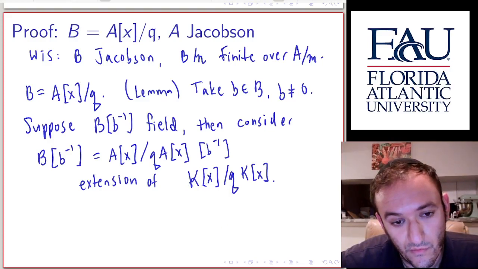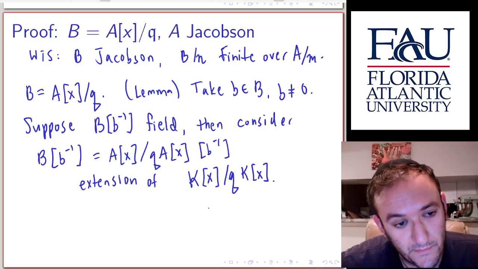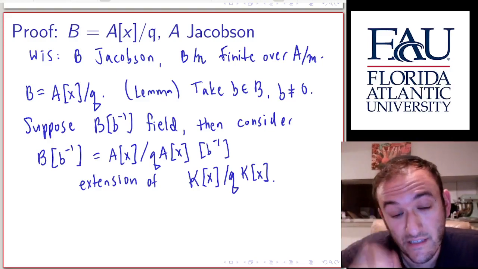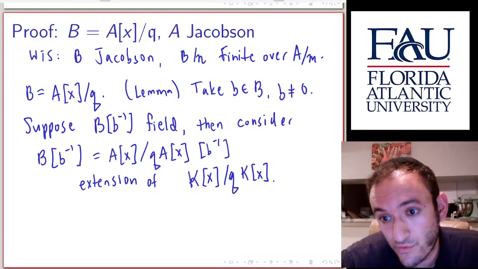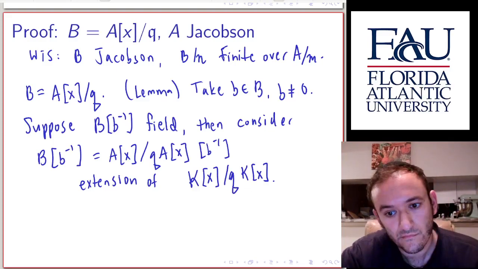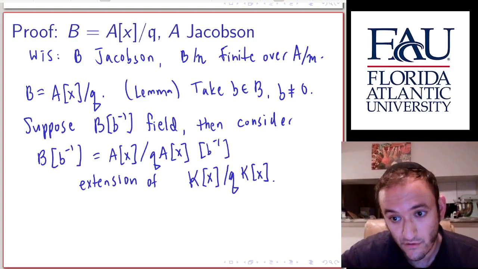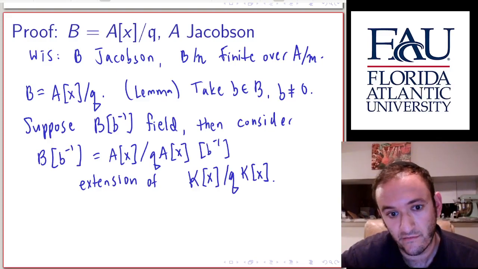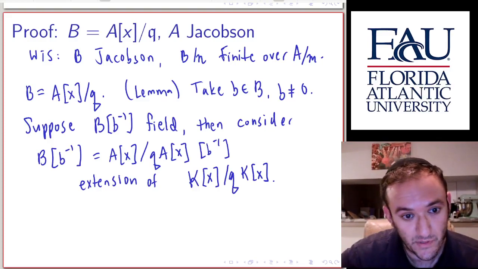So once you're looking at the fraction field, QK adjoin X is going to be a maximal ideal, which means that the quotient will be a field. Since we know Q is a non-zero prime ideal, when we multiply it by a polynomial ring in one variable, we're going to get a maximal ideal. So this is a field.